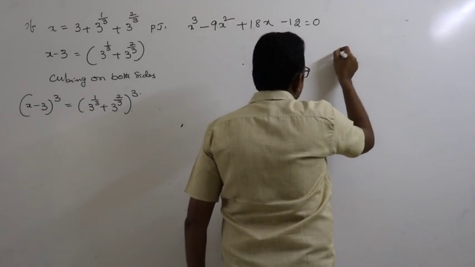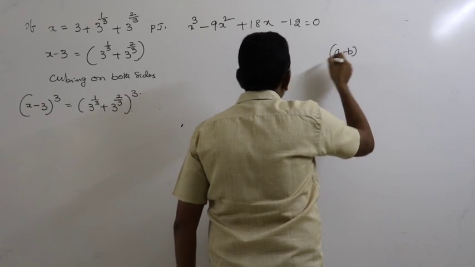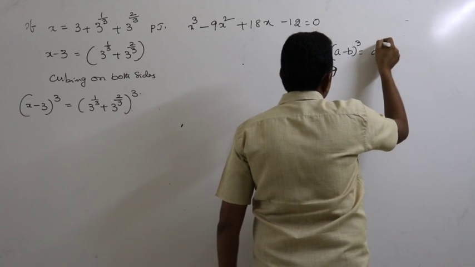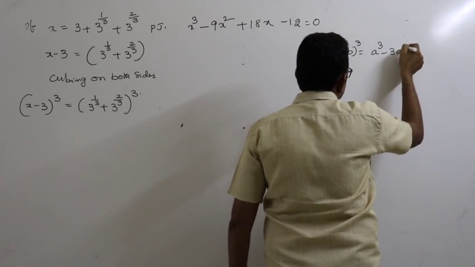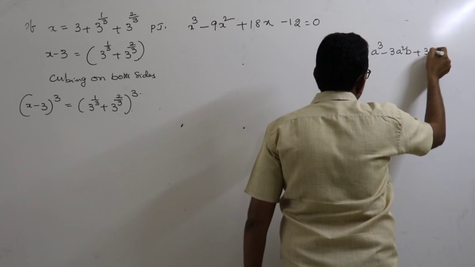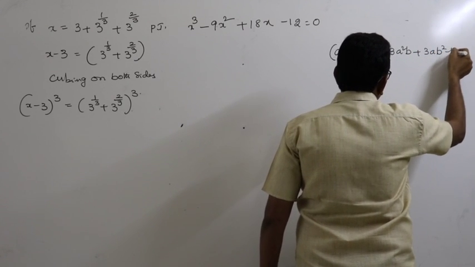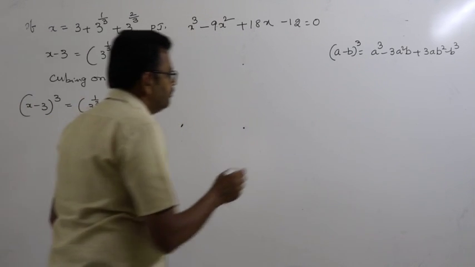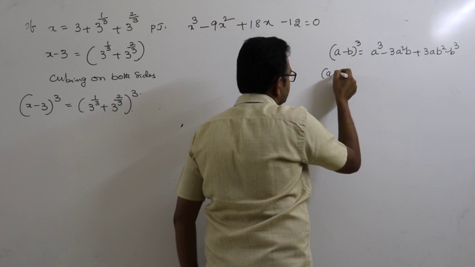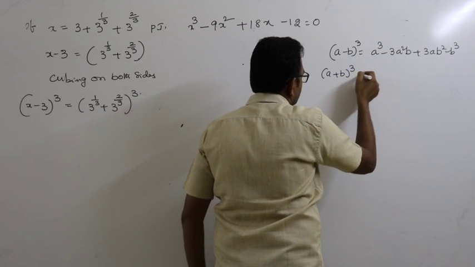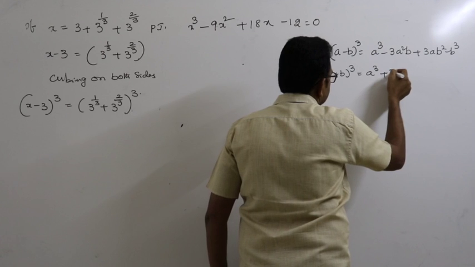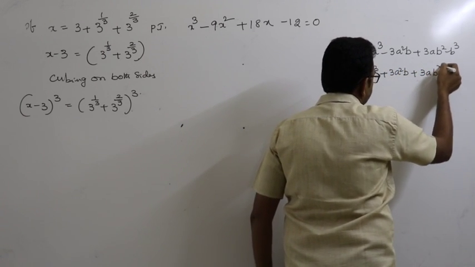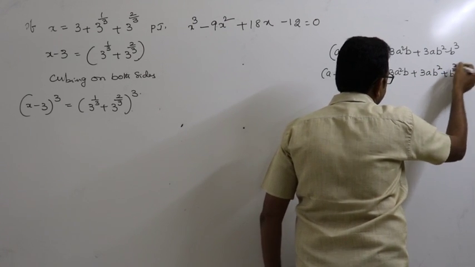I think the formula: a minus b whole cube formula is a cube minus 3a square b plus 3ab square minus b cube. And a plus b whole cube formula is a cube plus 3a square b plus 3ab square plus b cube.